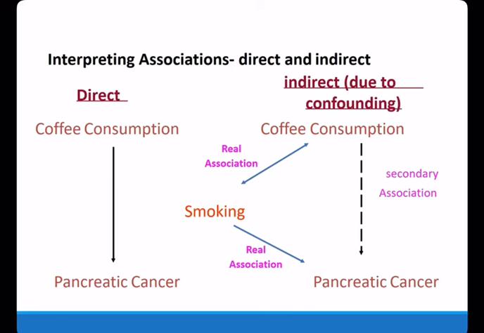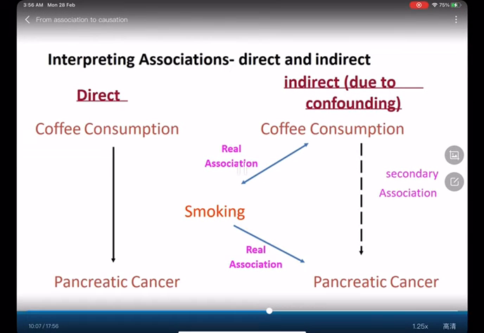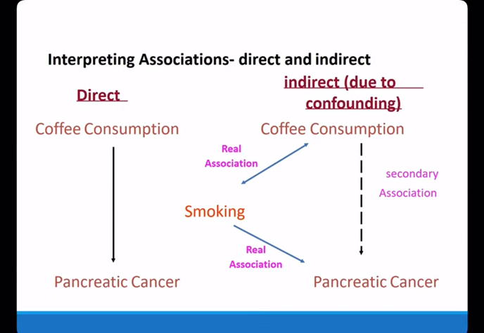An actual example of direct and indirect association is coffee consumption and pancreatic cancer. If we assume a direct association, we consider that coffee consumption directly increases the risk of pancreatic cancer.